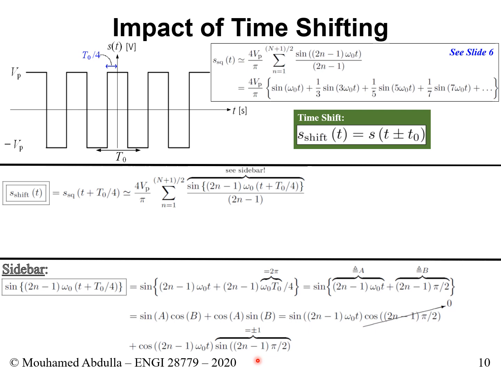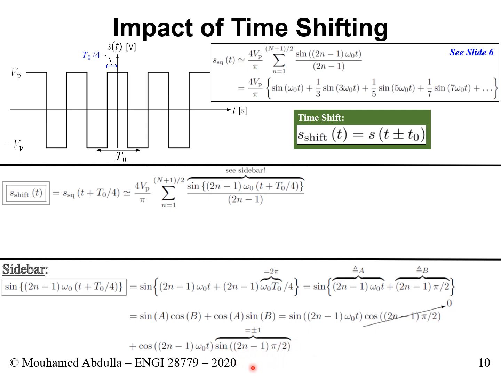So if you have these odd multiples of pi over 2, some of them will give you a plus 1, and some of them will give you a minus 1. In fact, in this sequence, in terms of n, not in terms of 2n minus 1 or k as we used to call it before, anytime you have n equals 1, n equals 3, and so on and so forth, the result should be a positive 1.